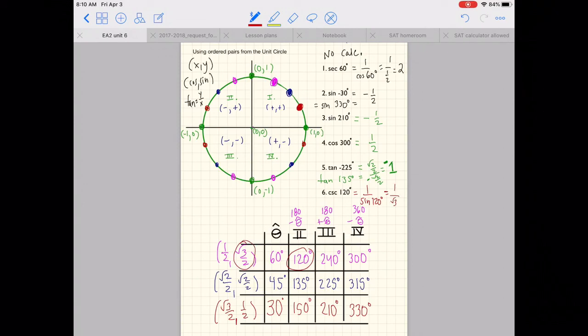Oh, but it's in the denominator. And we do have to remember we're in quadrant 2, which means sine in quadrant 2 is positive. So knowing that this answer is basically done, we're just going to first divide 1 by root 3 over 2, and then multiply top and bottom by root 3 over 2 to rationalize the denominator. And that's our final answer for that.